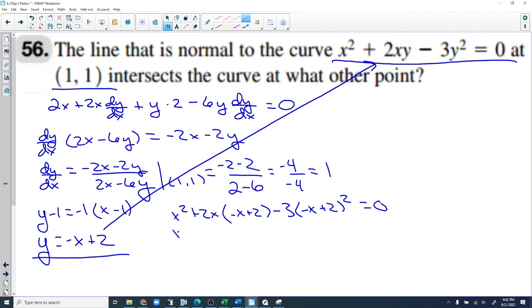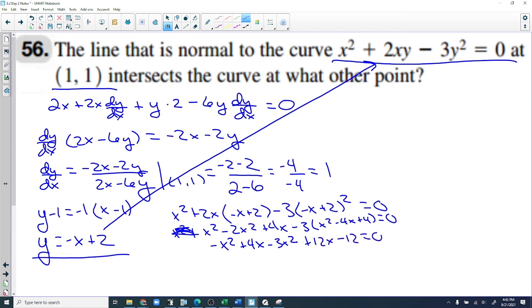So we got some algebra to do. x squared minus 2x squared plus 4x minus 3 times (x squared minus 4x plus 4). All right, what do we got here? x squared minus 2x squared is negative x squared, plus 4x minus 3x squared plus 12x, and then minus 12 is equal to 0. So we got negative 4x squared plus 16x minus 12 is equal to 0.